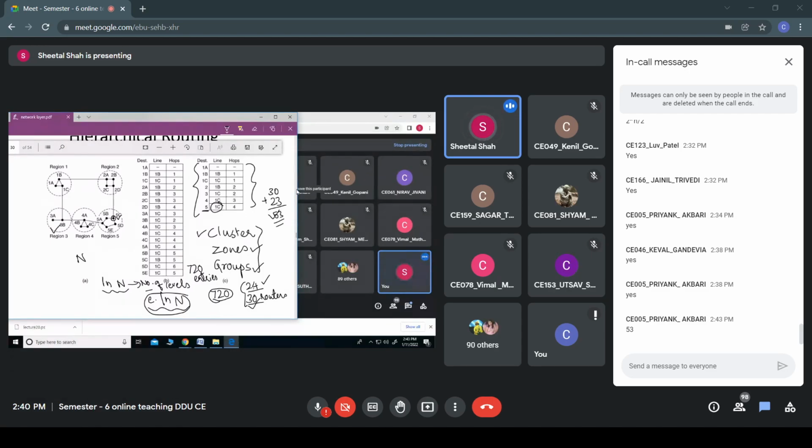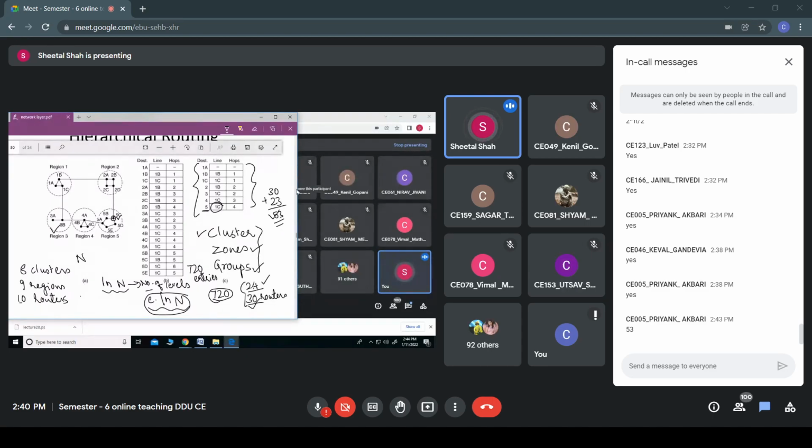Whereas if we are using a 3-level hierarchy in which it has 8 clusters, then 9 regions, and in each region there are 10 routers, what should be the size of the table now?